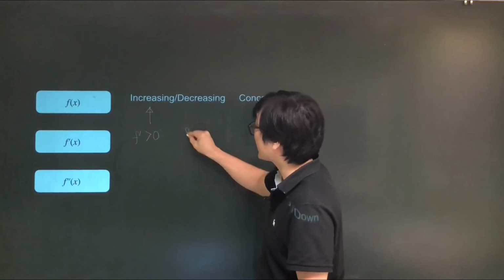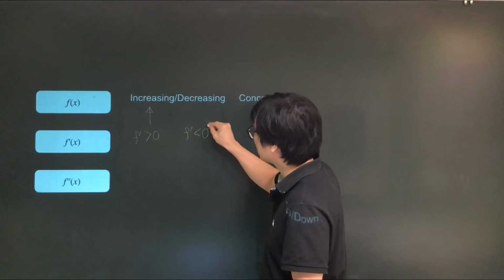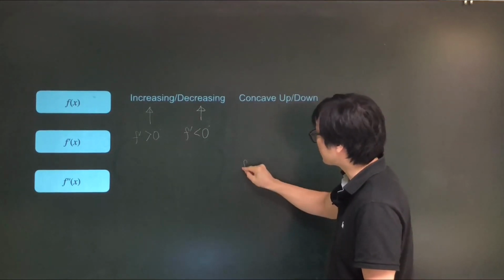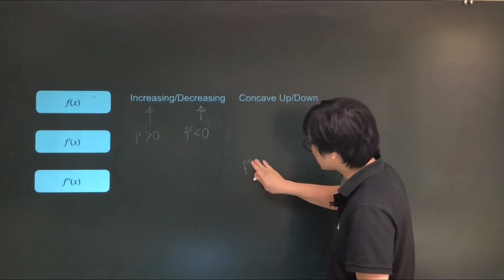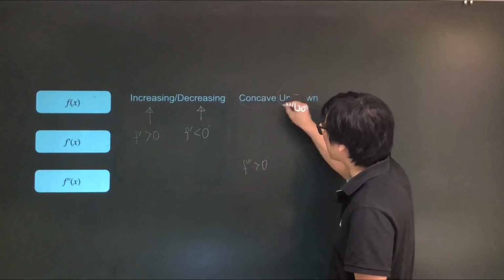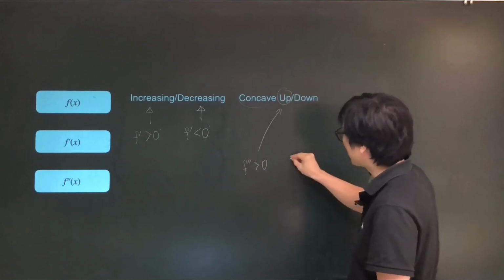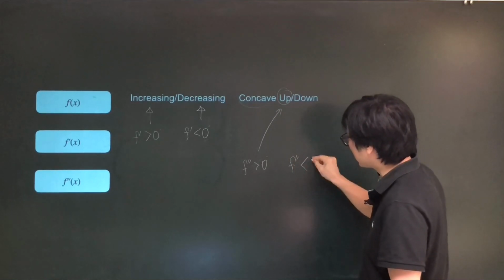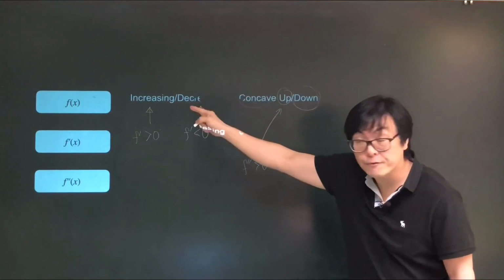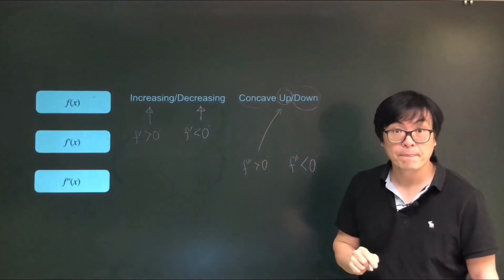If f prime is negative, then f of x is decreasing. If f double prime is positive, f of x is concave up. If f double prime is negative, then the concavity of f of x is down.